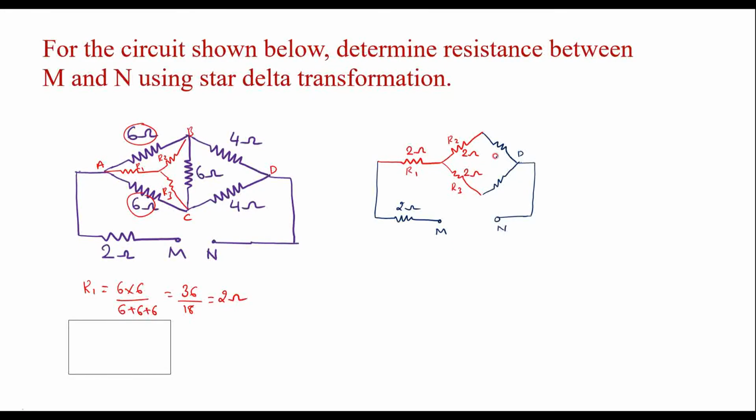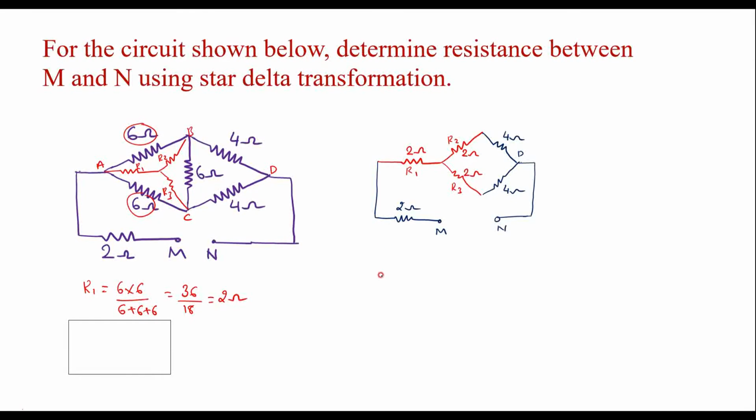Here we can see that the value of this is 4 ohm, value of this is 4 ohm. Now in this circuit we can see that the 2 ohm resistor and 4 ohm resistor are in series. Similarly, this 2 and 4 are in series, and this 2 and this 2 are in series.